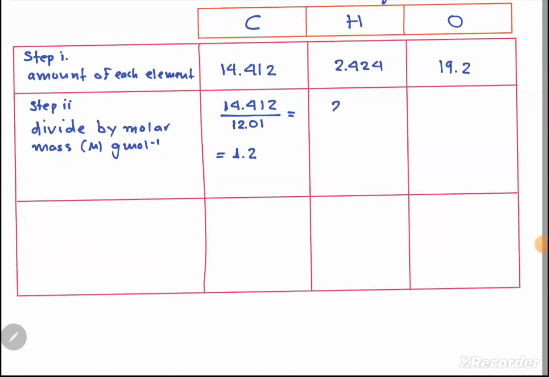The same, the amount of hydrogen divided by molar mass of hydrogen is equal 2.4. The same for oxygen, the mass of oxygen divided with molar mass of oxygen, and this is step 2.